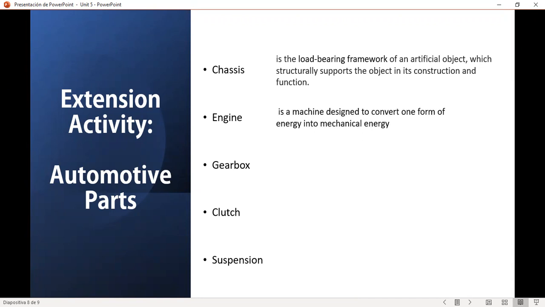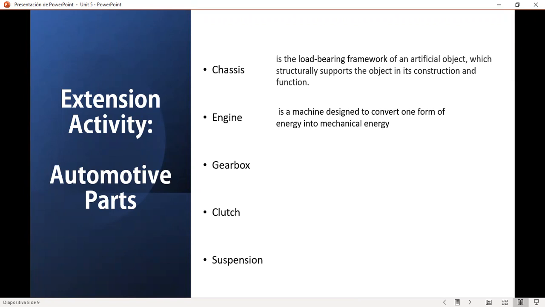That means it's a machine designed to convert one form of energy into mechanical energy. And we mean mechanical because we need to move something, in this case, a car.